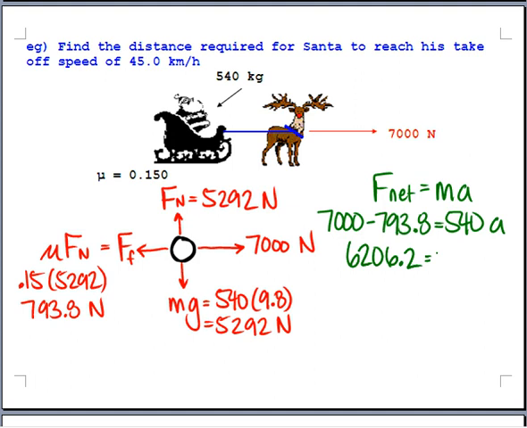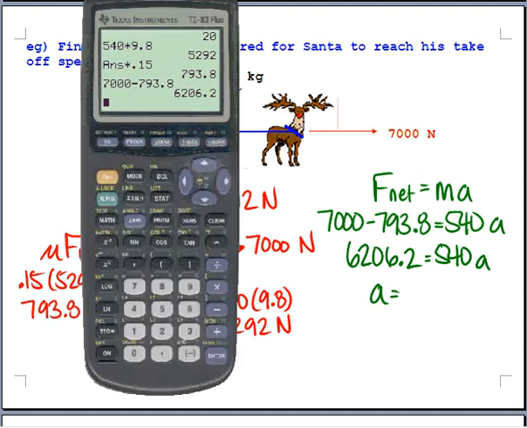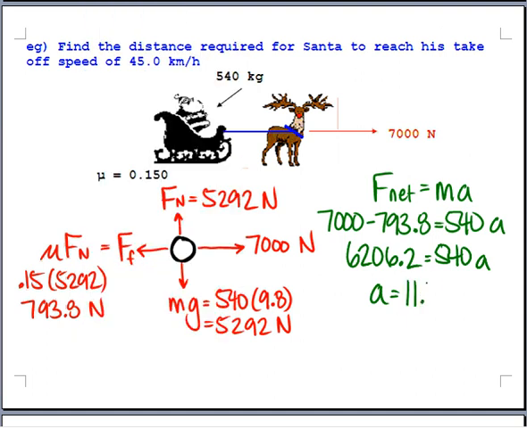I want you to think about it as a subtraction because the two forces are fighting each other. equals 540 times A equals, let's see, 11.49 meters per second squared. So there's your rate of acceleration, which is still not the end of this question.